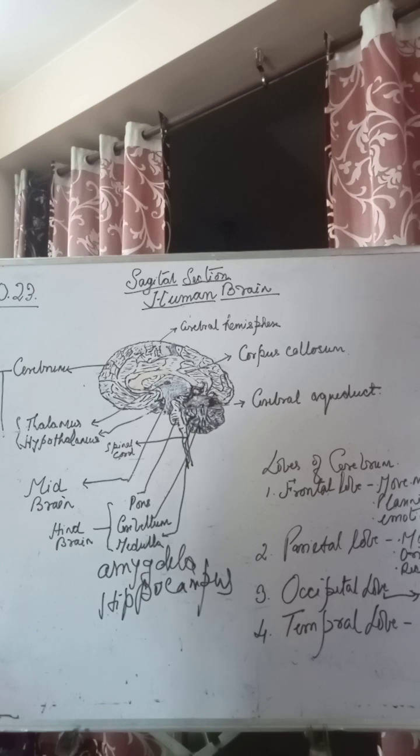They are making the brain stem. The brain stem forms the connections between the brain and the spinal cord, connecting the brain with the spinal cord.